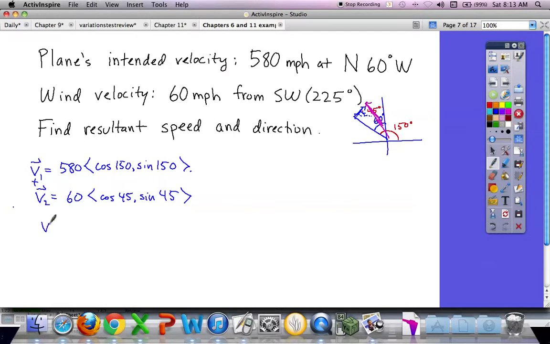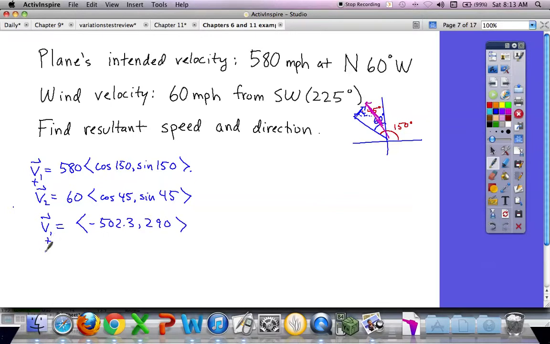Right. V1 equals, and I'm going to go right ahead and do this on my calculator. 580 cosine of 150 is negative 502.3. And 580 sine of 150 is 290.